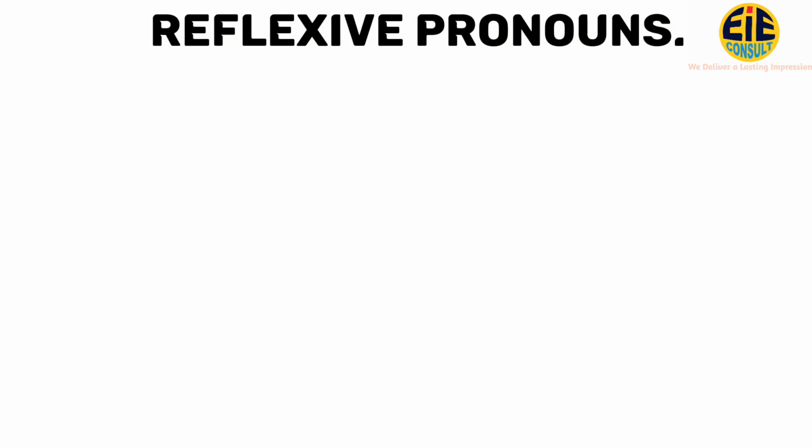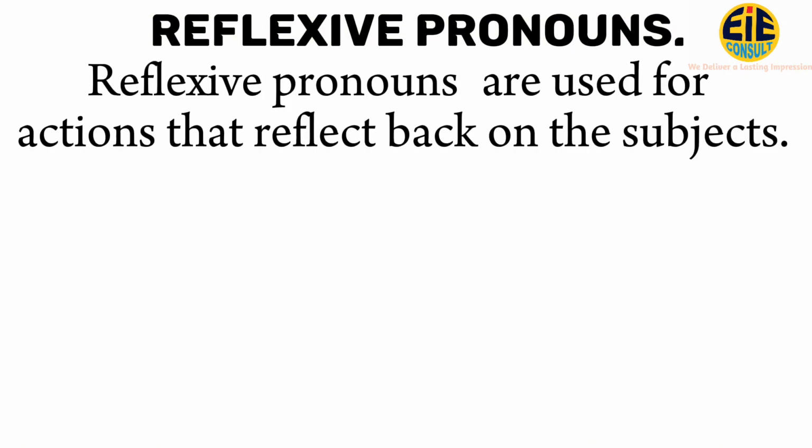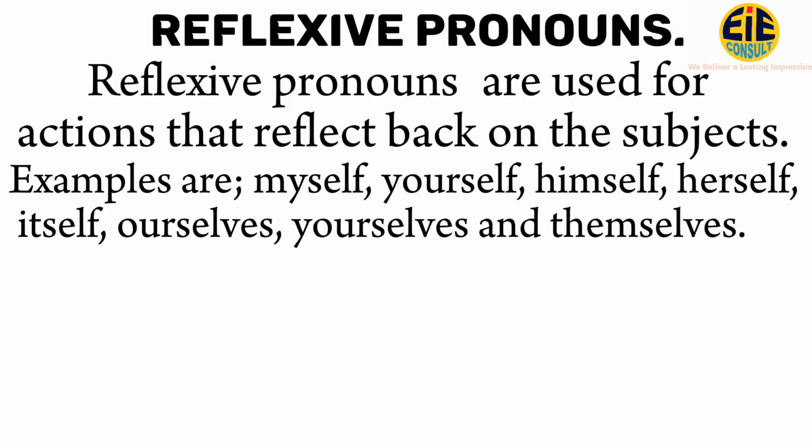Reflexive pronouns. Reflexive pronouns are used for actions that reflect back on the subjects. That is, the subject who does the action in a sentence. Reflexive pronouns reflect the actions done in the sentence back to the subject. Examples are myself, yourself, himself, herself, itself, ourselves, yourselves, and themselves.